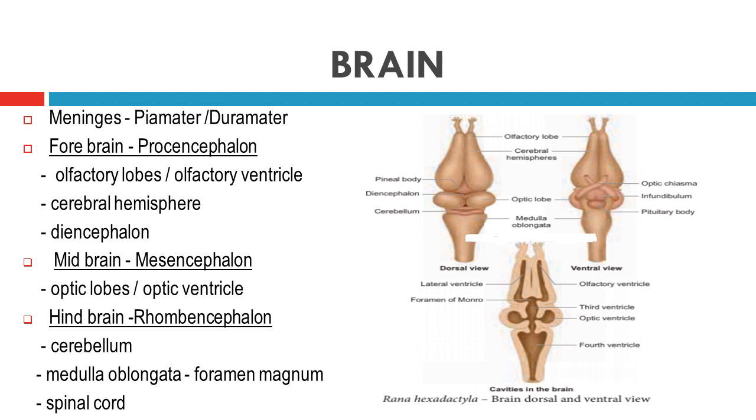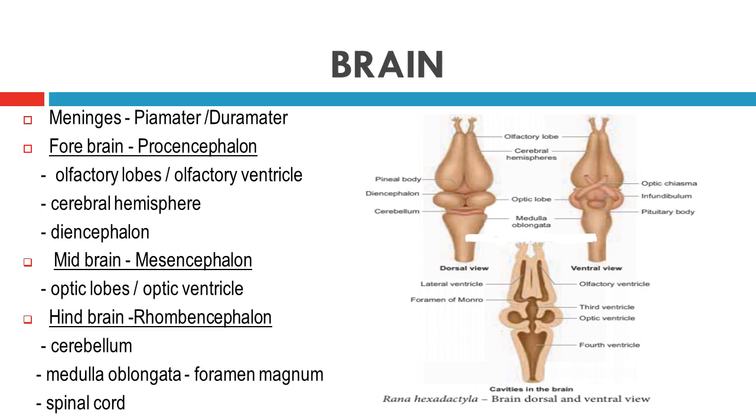Now let us see what parts are included under each division. The first one is the forebrain. This is the largest and anterior-most region of the brain, and it includes a pair of olfactory lobes. Can you see these lobes there? The pair of olfactory lobes is narrow in shape, but fused posteriorly, right?